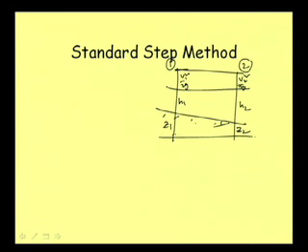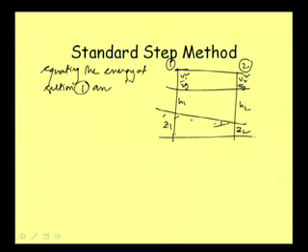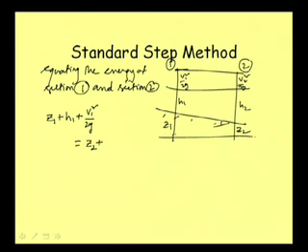Well, now we can write, equating the energy at section 1 and section 2: Z1 plus H1 plus V1 square by twice g is equal to Z2 plus H2 plus V2 square by twice g.